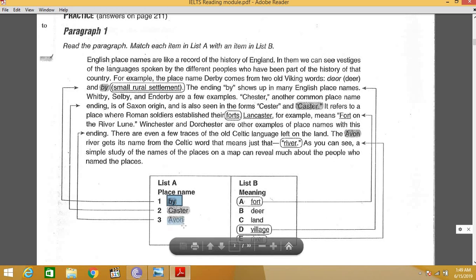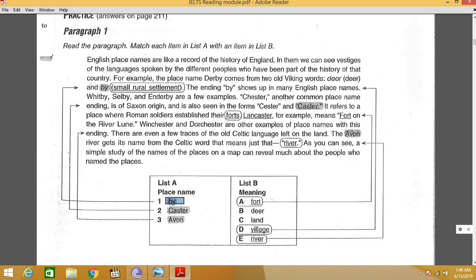Avon is a proper noun and caster is also a proper noun, so you can easily find them in the passage, because there are no synonyms.